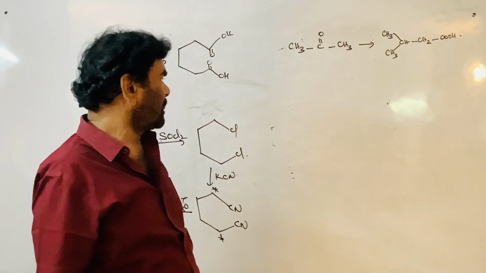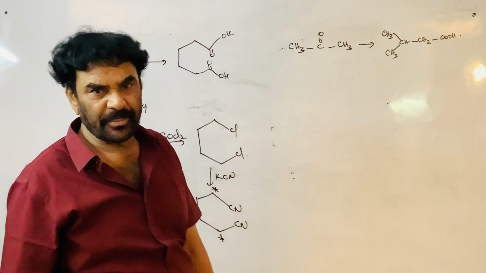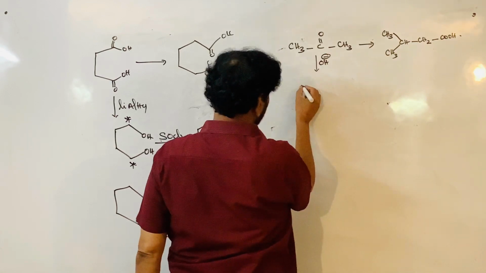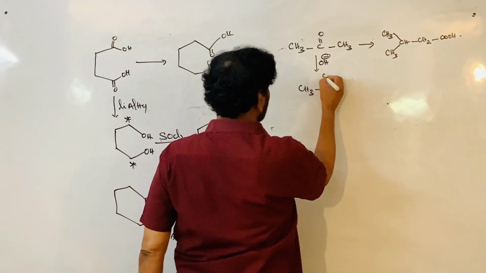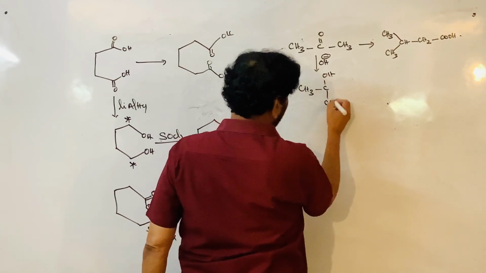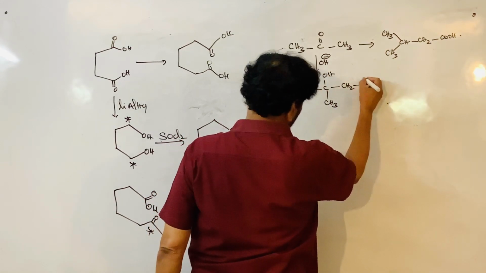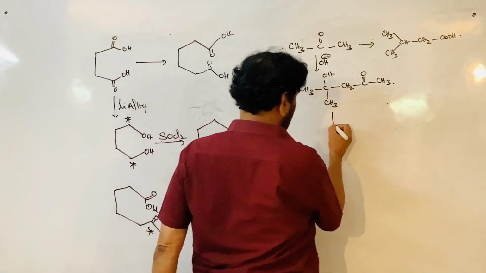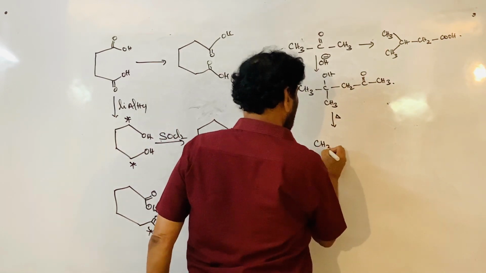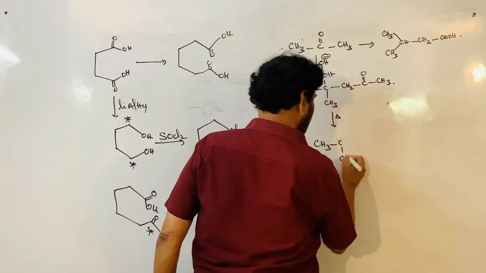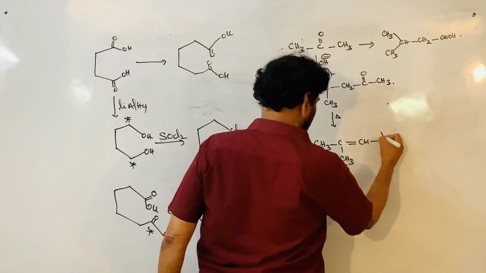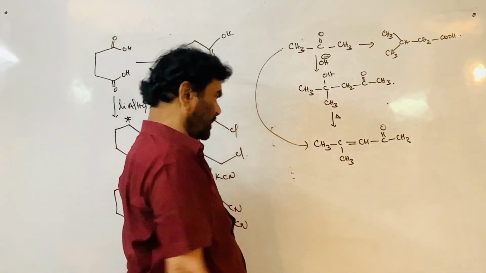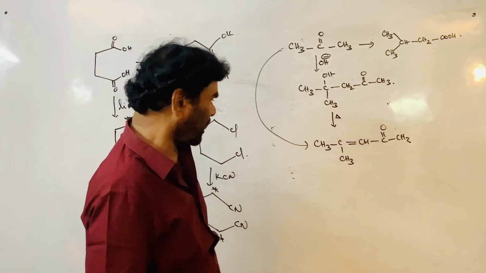On treatment with a base like sodium hydroxide, aldol condensation takes place, with the CH2 of a second acetone molecule. On heating, this produces CH3 CH3 double bond, aldol dehydration. This is the aldol condensation product of acetone.